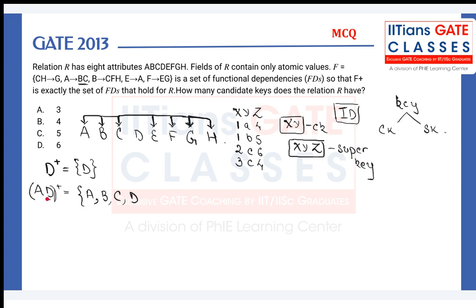Now that you have the value of B, can I get CFH? A gave me the value of B, C uniquely. Now B can give me the value of C, F, H uniquely.